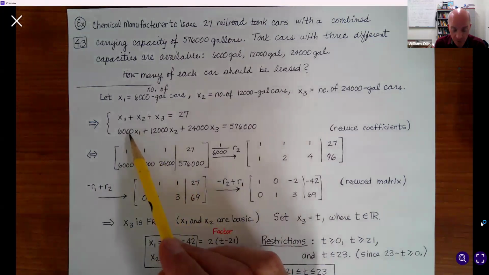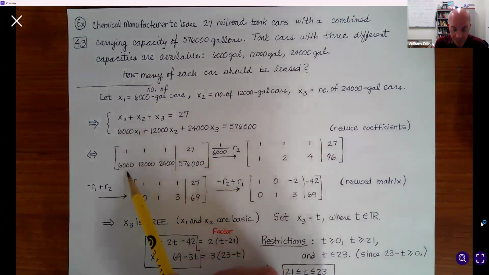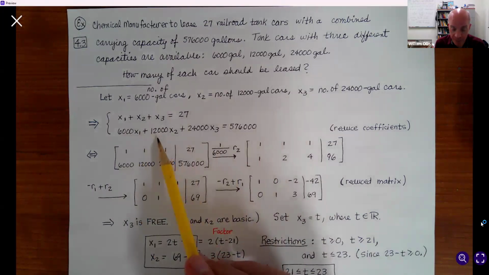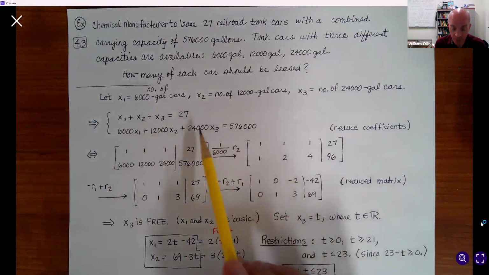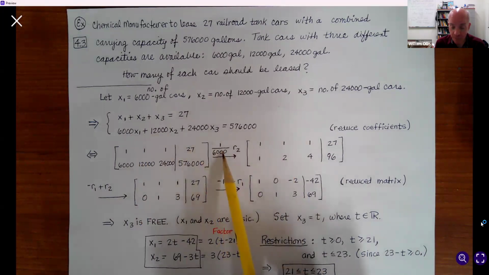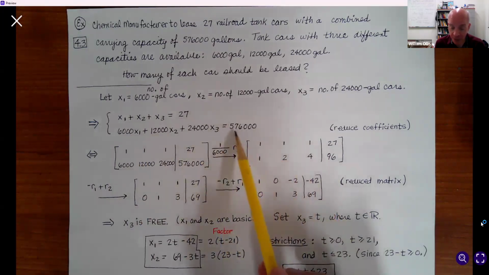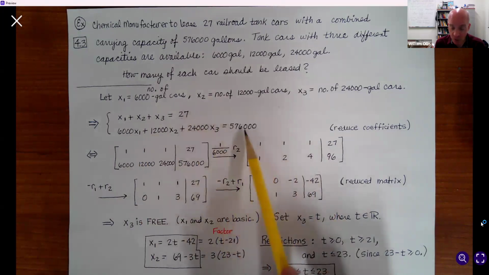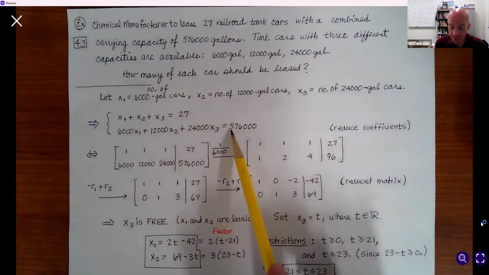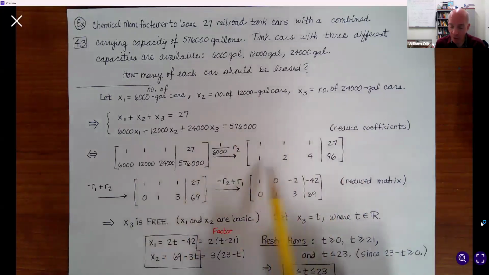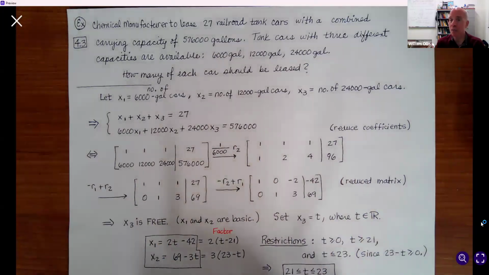But notice if we divide 6,000 by 6,000, we get a 1. If we divide 12,000 by 6,000, we get a 2. If we divide 24,000 by 6,000, we get a 4. And then, of course, if you think about this, the zeros absorb, and you just divide 576 by 6, and you just get 96. So you're thinking, wow, that is a huge reduction.